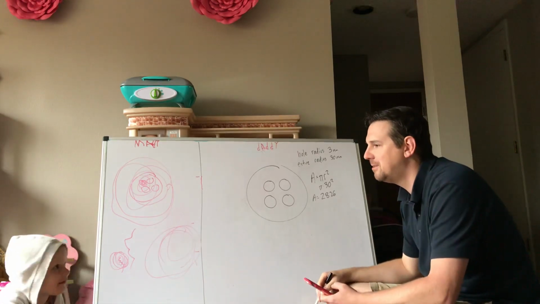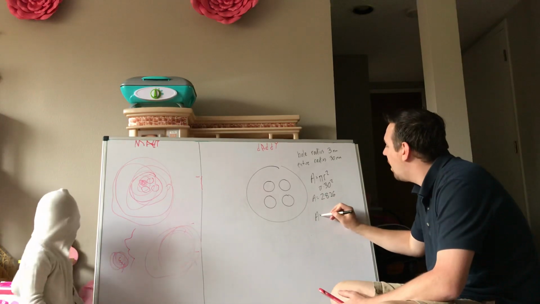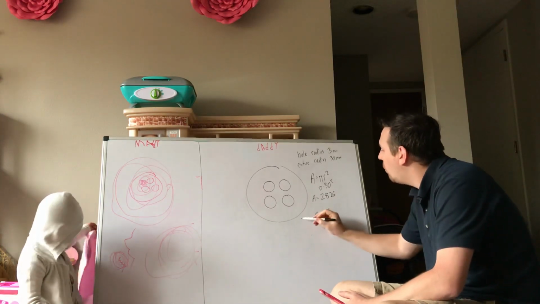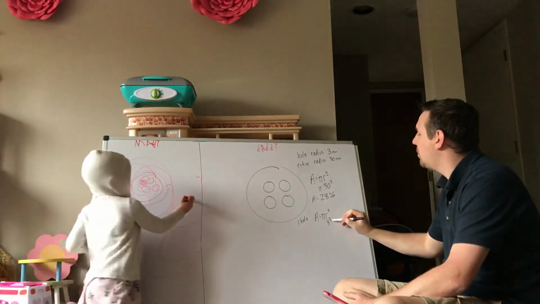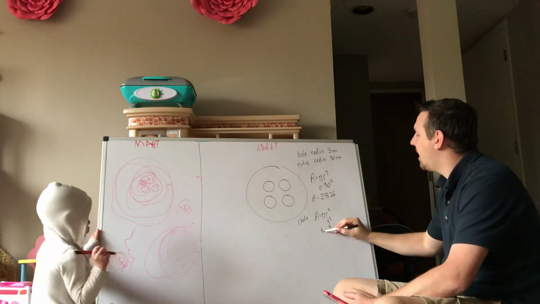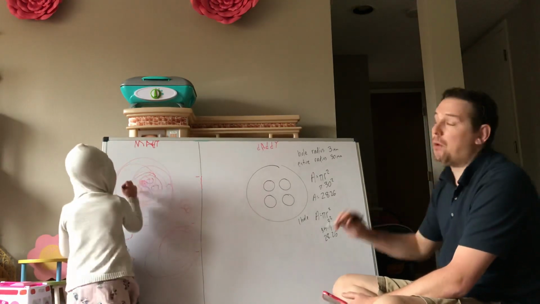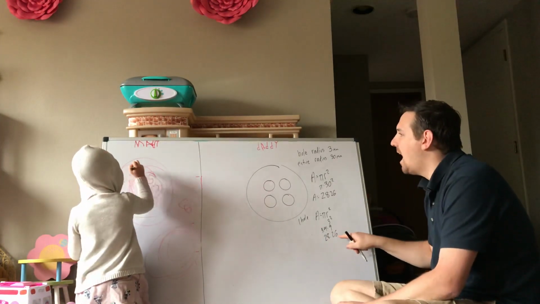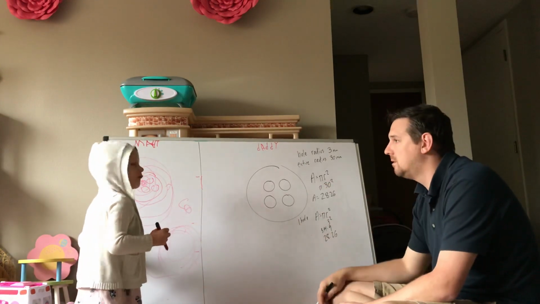Next, we need to find the area of one of those little holes. One hole. Radius of 3. 3 squared is 9. 9 times pi is 28.26. However, Maddie, how many holes are in the button? 4.